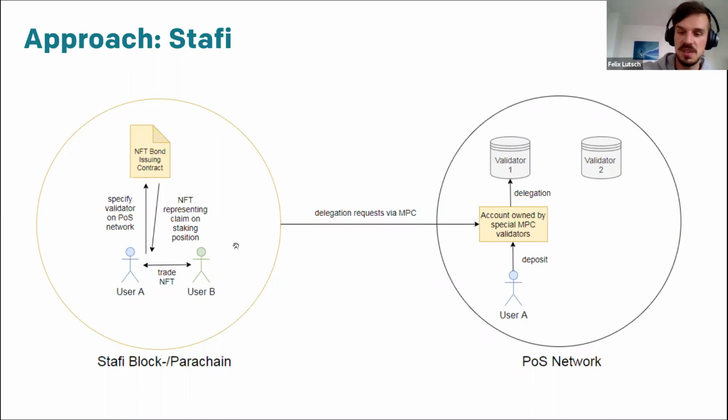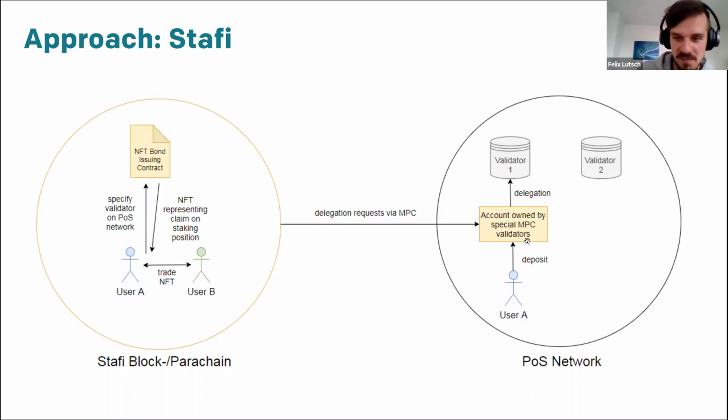Users deposit funds into this account that's owned by these different validators, and they issue you an NFT for whatever you staked that represents the claim on that. These validators then share the key. They need to be online if you come back, so that they can unbond your stake and so on. So there's a complex protocol for how to rotate these validators, how to make sure they don't cheat and so on.